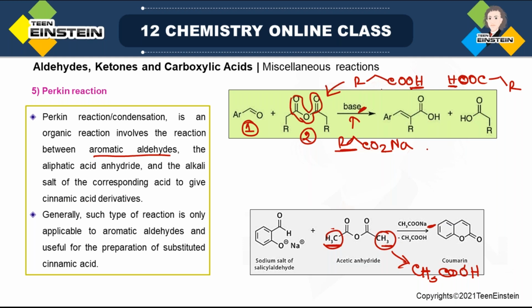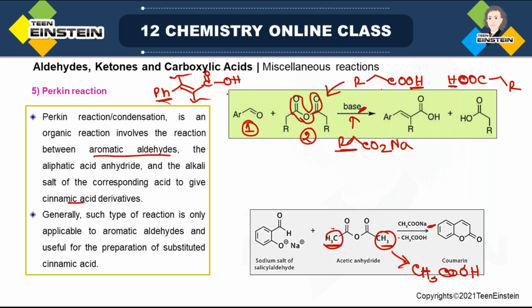And the final product that you get is a cinnamic acid derivative. Now cinnamic acid is basically this molecule, Ph-CH=CH-COOH. But when I am saying cinnamic acid derivative, that means Ph may be containing any other group at ortho, meta, para, or in this position there may be any groups also.